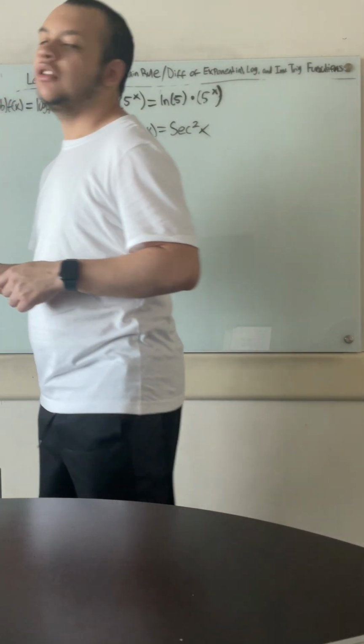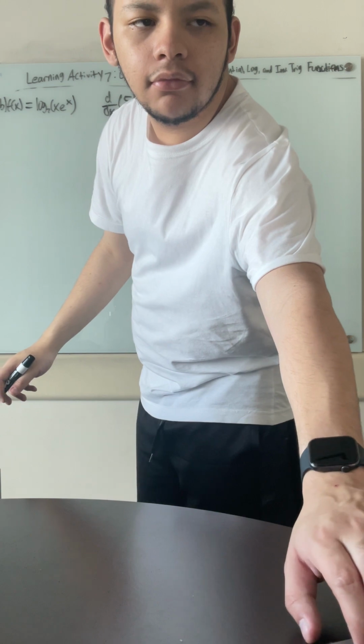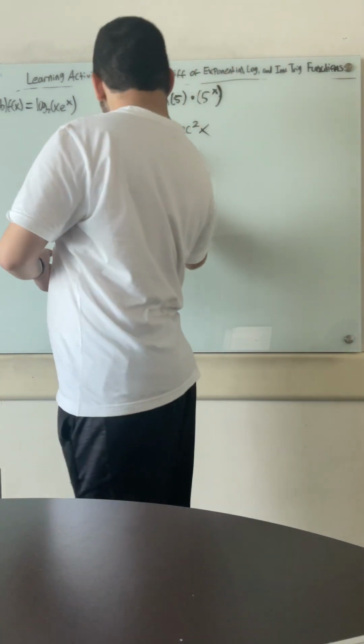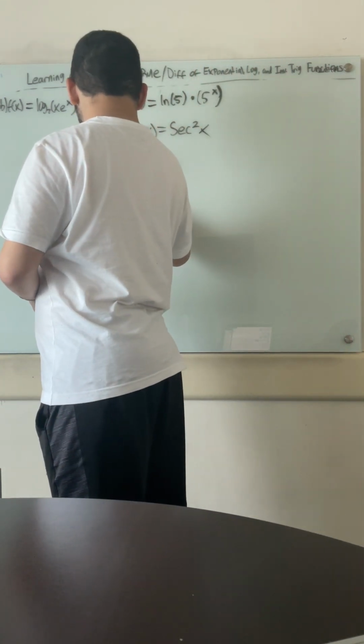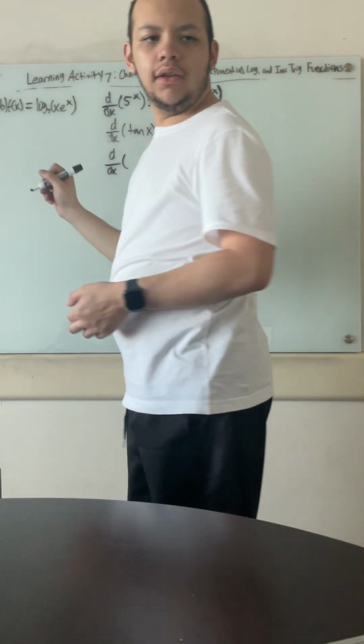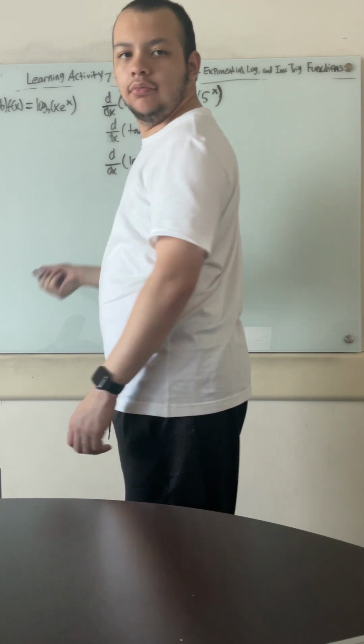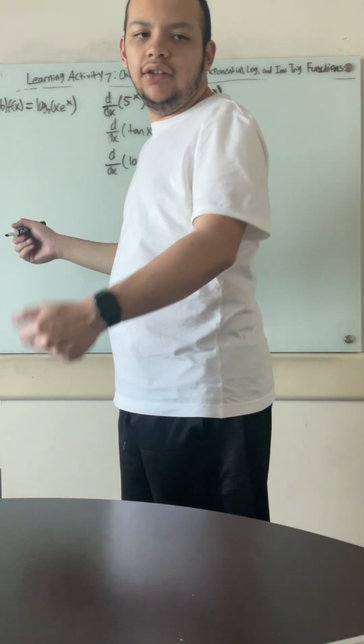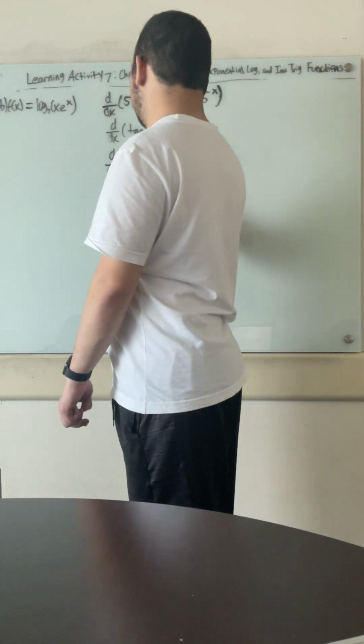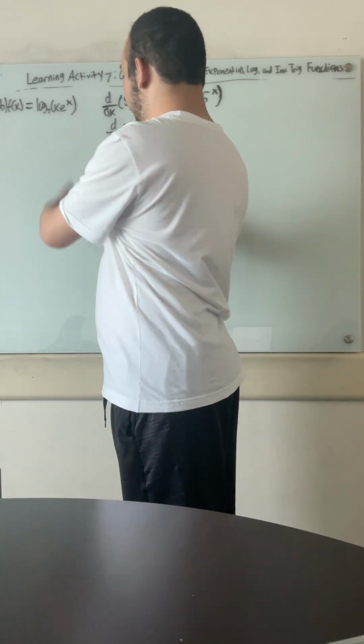Let me just clarify something really quick right here for you. The derivative of a log function, say log base 7 in this case, because we're just representing this example.